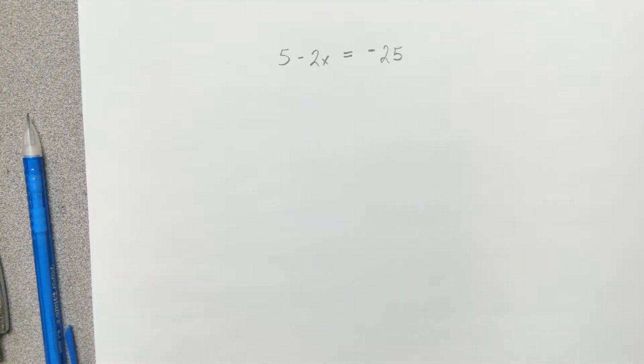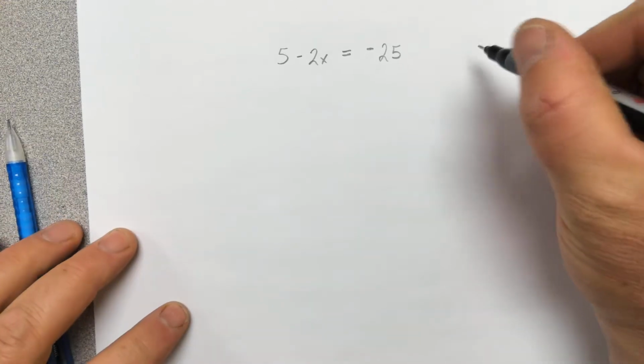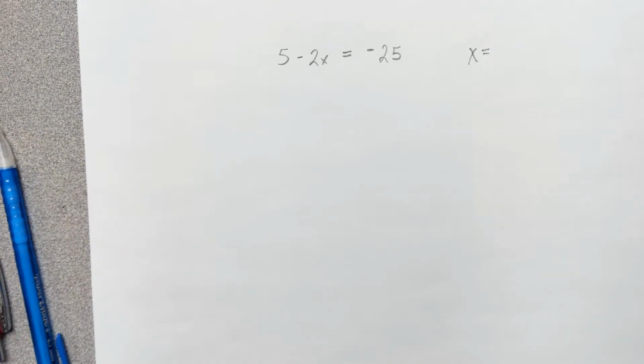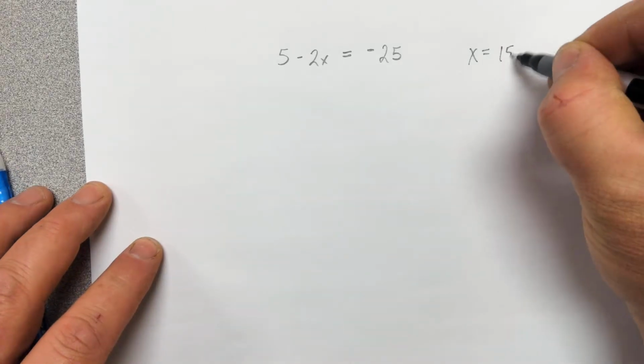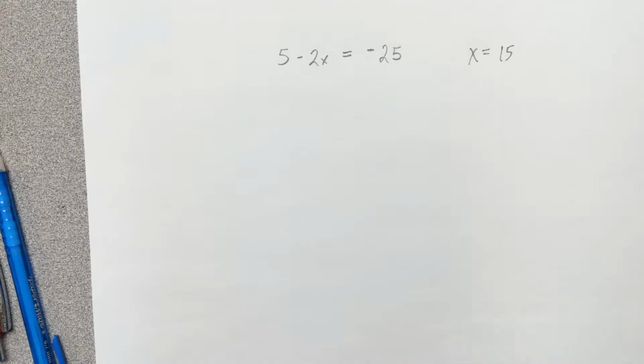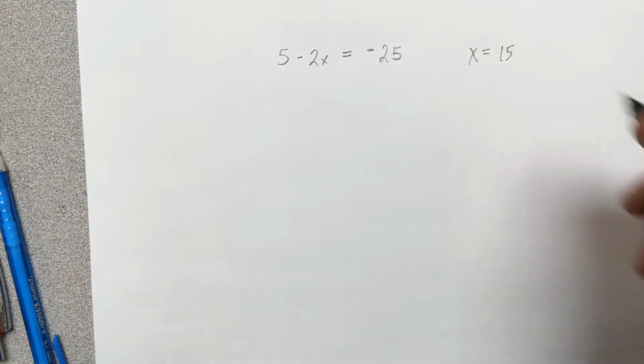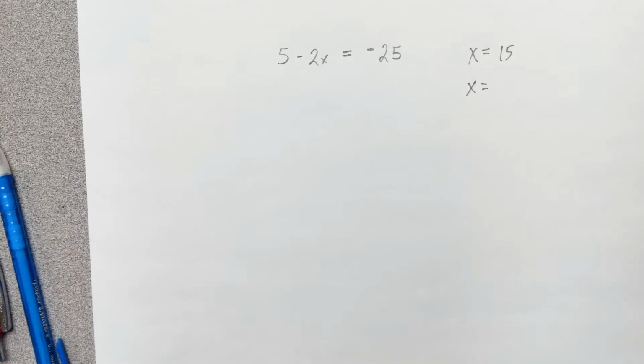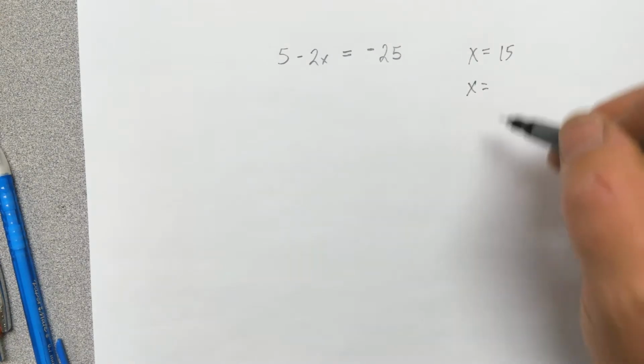You ready? Did you get it? What did your sister get? 15. Positive or negative? Positive. Do you guys agree it's 15? Is that what you got, Yolanda? No? Did you get that, Jackie? What'd you get, Yolanda? -10 or 10.